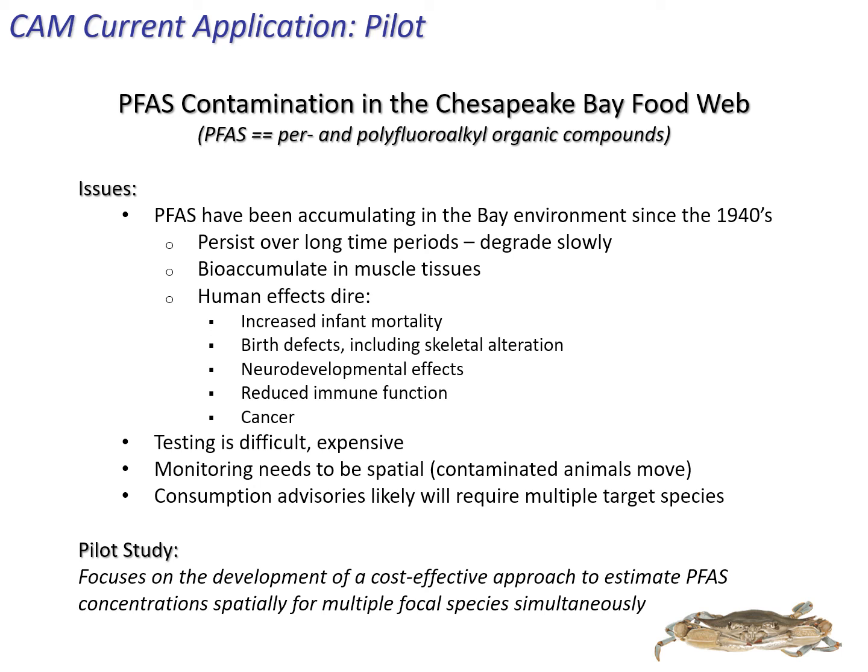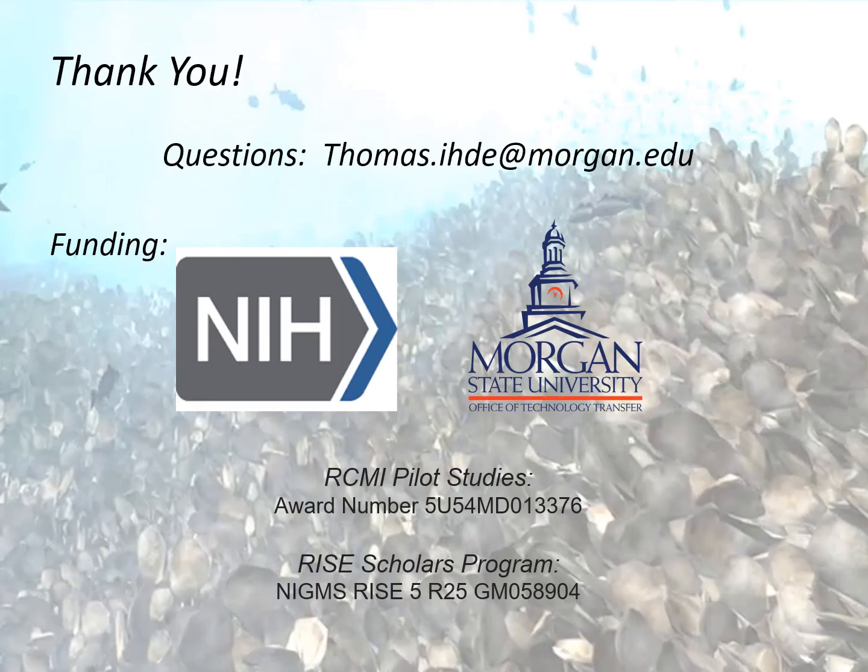The current planned species are striped bass and blue catfish and spot or croaker, which are popular recreationally fished animals. That funding has been provided by NIH, and just want to thank you guys for your attention.